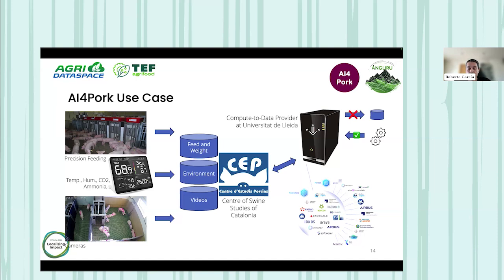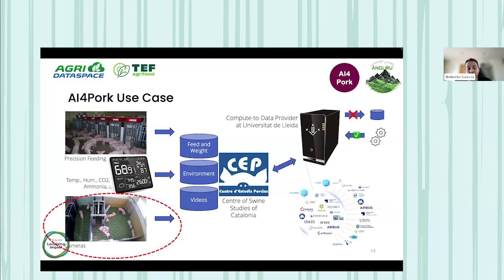And the idea is that we are providing them this compute-to-data environment so we can guarantee that the data can be used, but it's not escaping their control. That is something they were complaining about because this happens to them a lot. This is basically a research institution, and they have seen many times that the data they produce is finally published in articles somewhere else, without any kind of attribution to the original creators of that data and the effort they put into it. So the idea is to provide that environment to them.